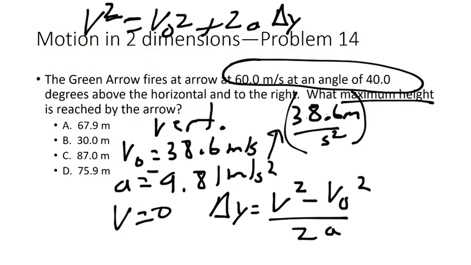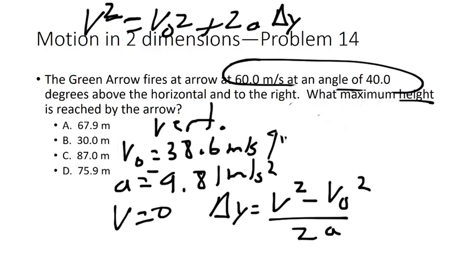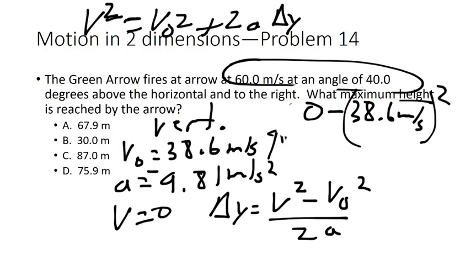whoops, so we need to back up on that, guys. Our final vertical velocity is 0. So we're going to say 0 squared minus our initial vertical velocity, which in this case was 38.6 meters per second, squared, divided by 2a, which is 2 times the acceleration, negative 9.81.